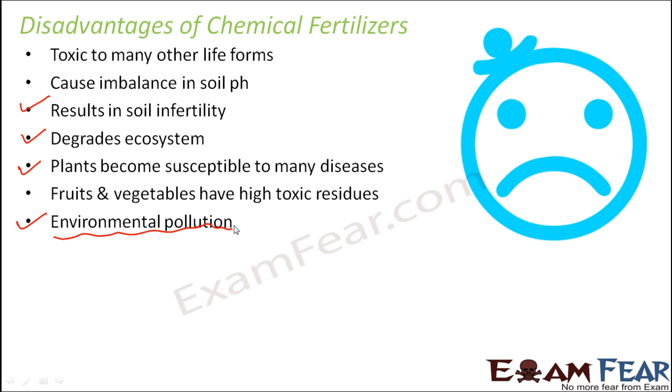When followed by excessive irrigation, the same soil gets washed away, and as a result the water also gets polluted. So these are some of the disadvantages of using chemical fertilizers.